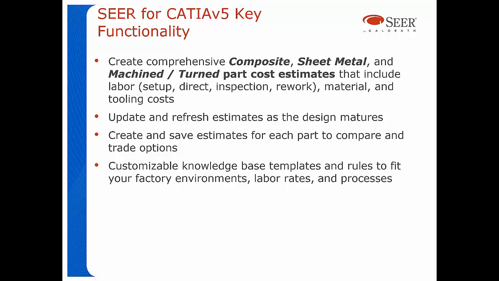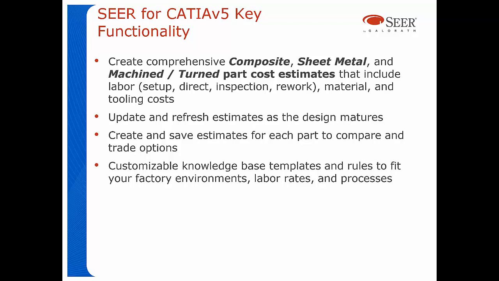When you run these estimates, you get labor, material, and tooling directly from within CATIA, built up into the SEER for manufacturing cost model. As you're working with designs, you can update and refresh the estimates as the designs mature. You can create and save estimates for each part to compare and trade options.